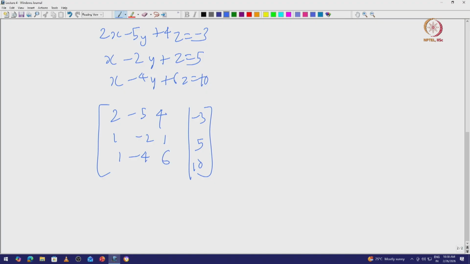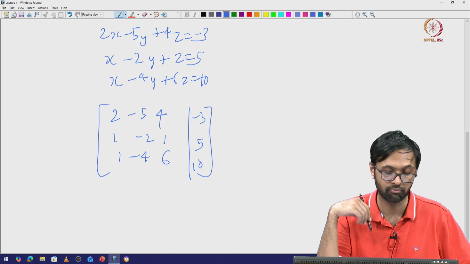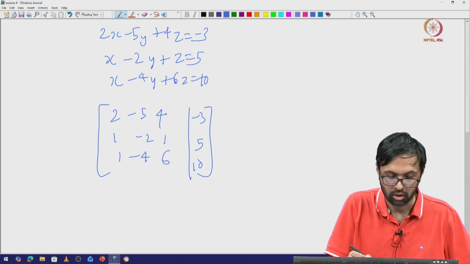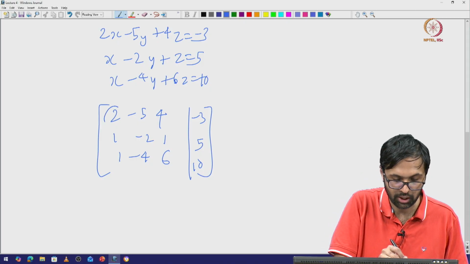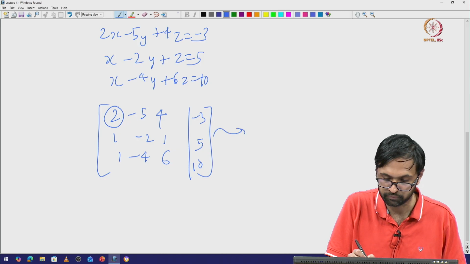So the first order of business is we don't have to interchange any rows here because the pivots are all in the first column for each row. Well, we must normalize this.